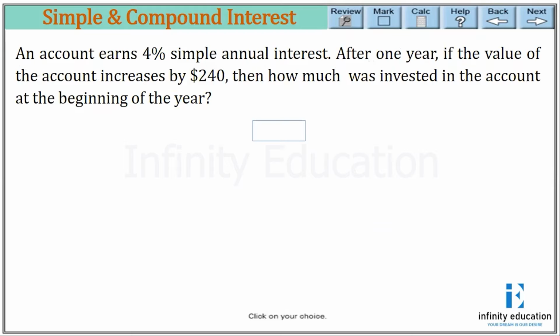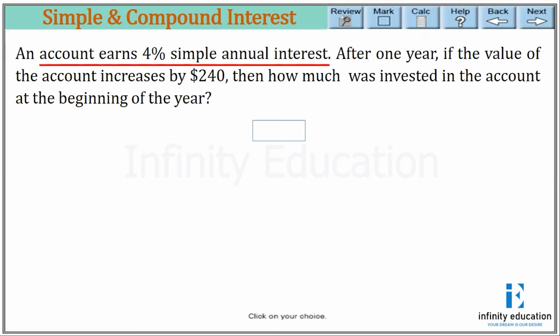An account earns 4% simple annual interest. After 1 year, the value of the account increased by 240, so basically that is the interest amount. Then how much was invested in the account at the beginning of the year?